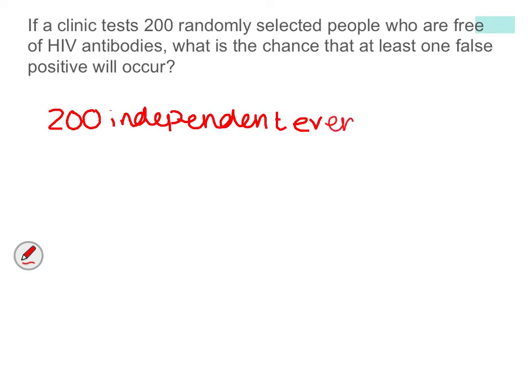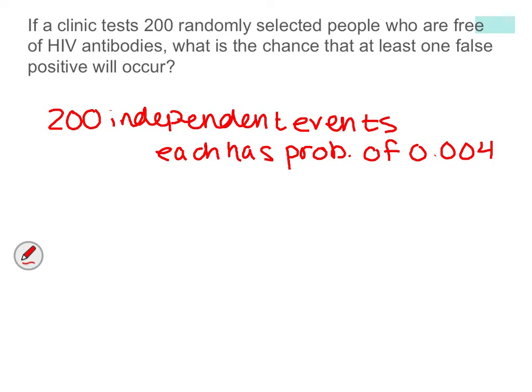The people here are definitely independent. Each of these has a probability of 0.004 of a false positive.